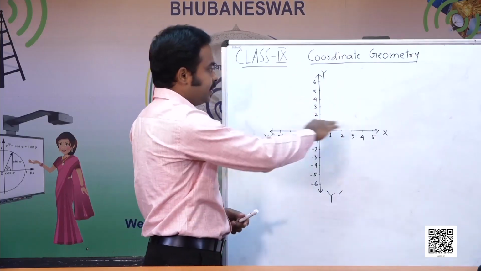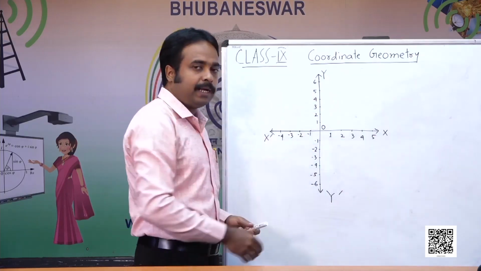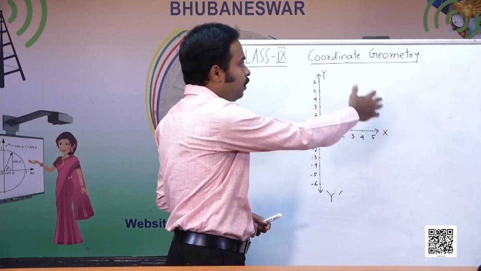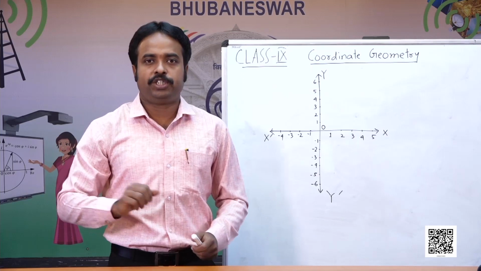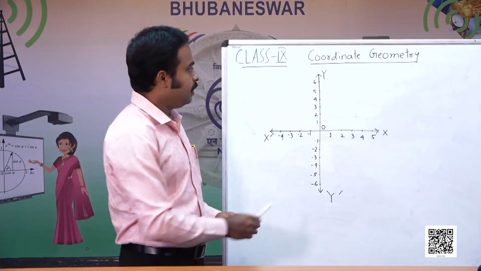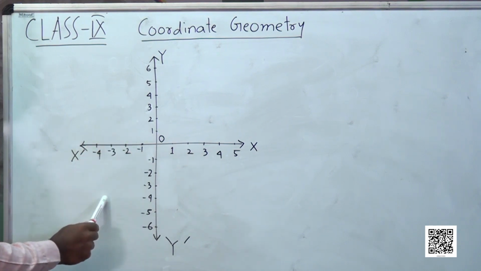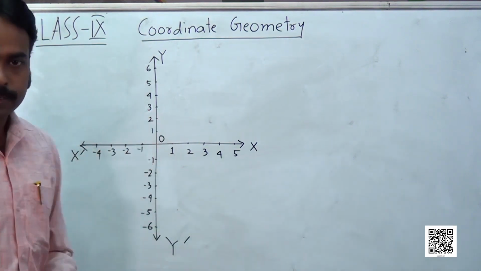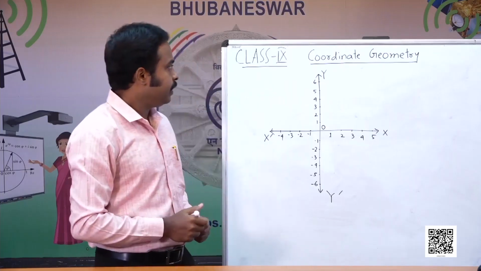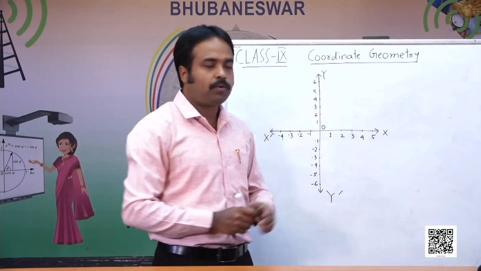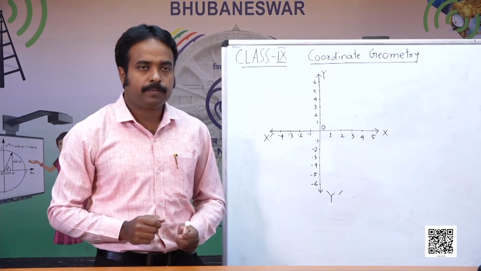These two lines are called the Cartesian axes. They divide the whole plane into four regions, called the first quadrant, second quadrant, third quadrant, and fourth quadrant. And you know that all the things in the first quadrant are positive.